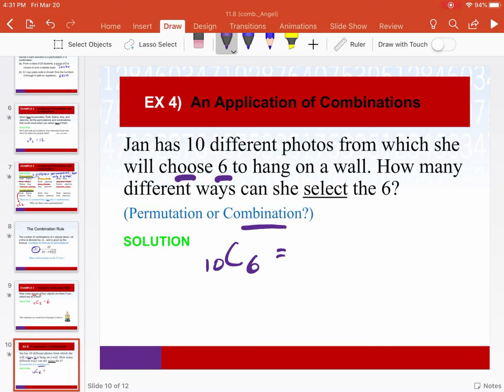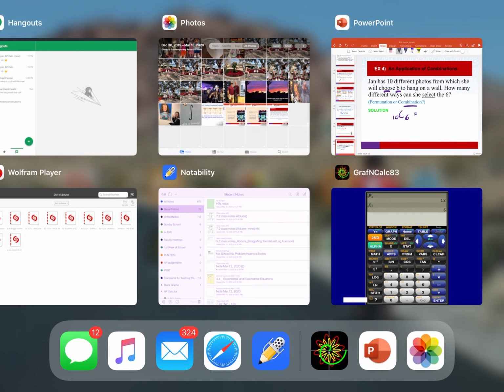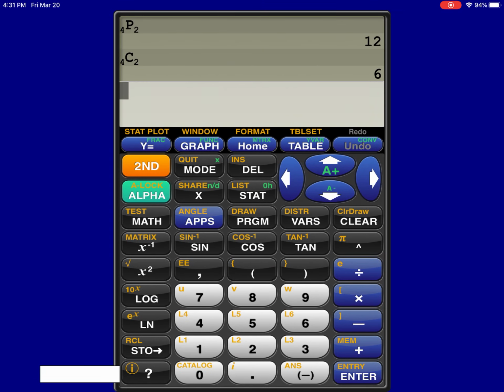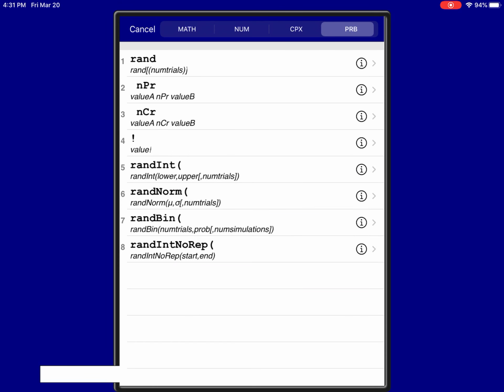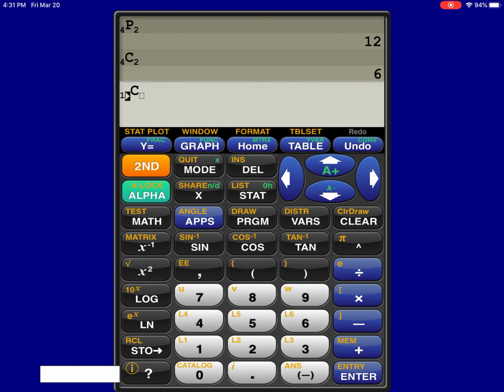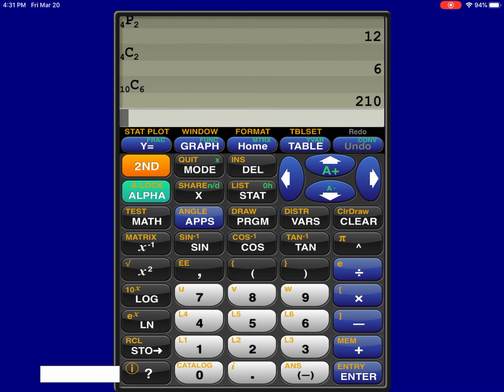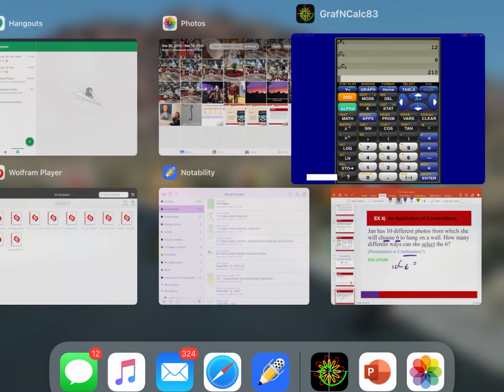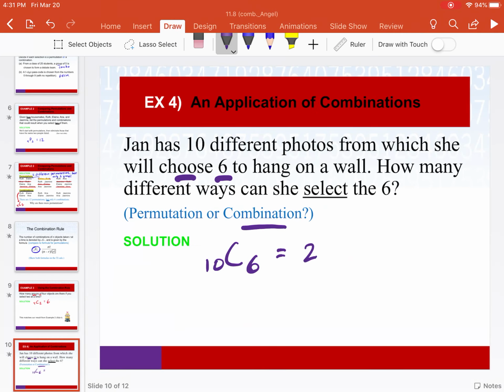Now go to your calculator and calculate that. Let's go ahead and do that. So math, probability, combination, 10, pick 6. 210. 210 what? 210 groups of 6.